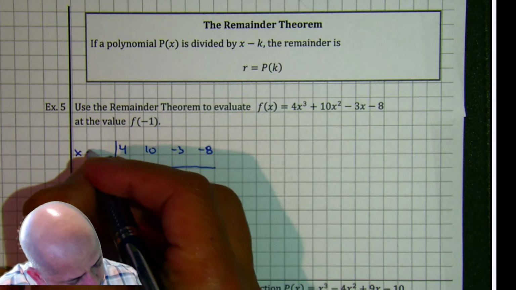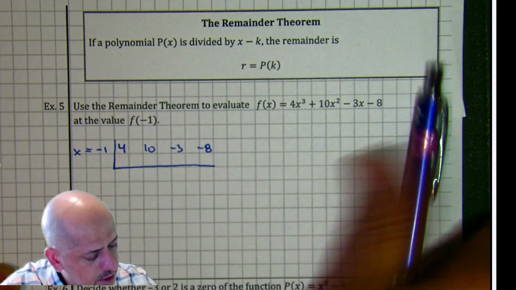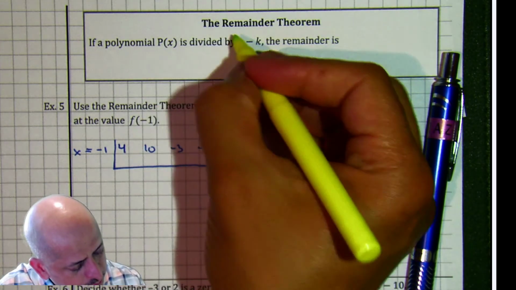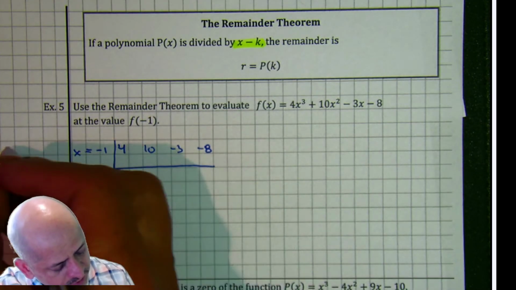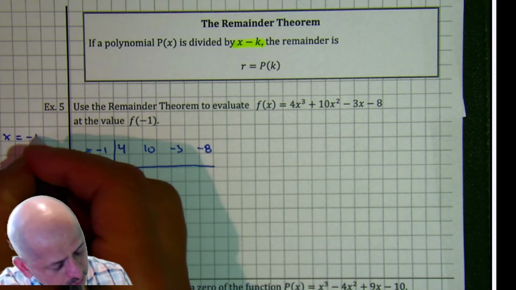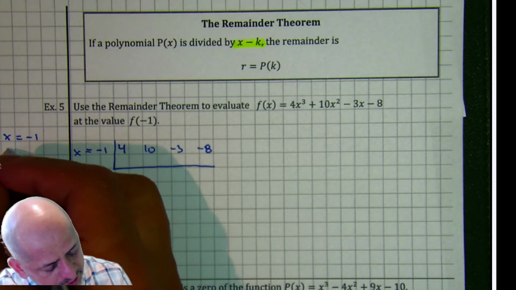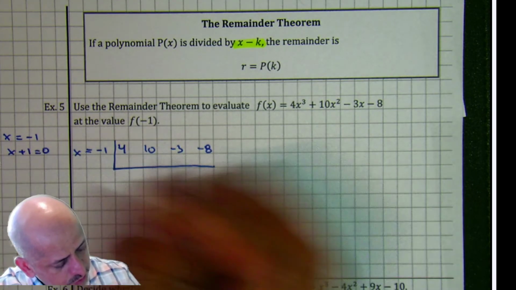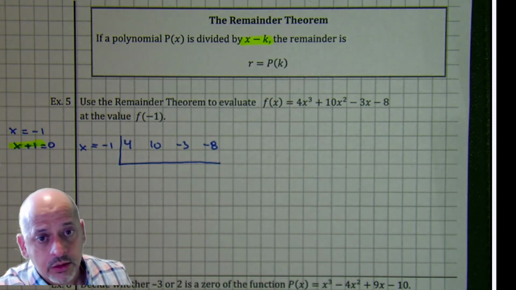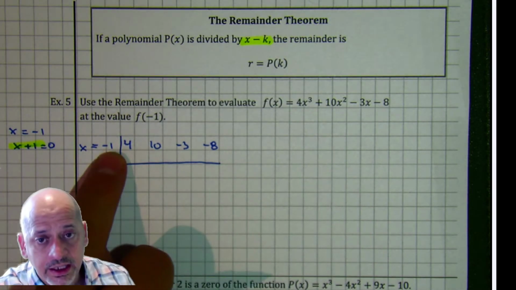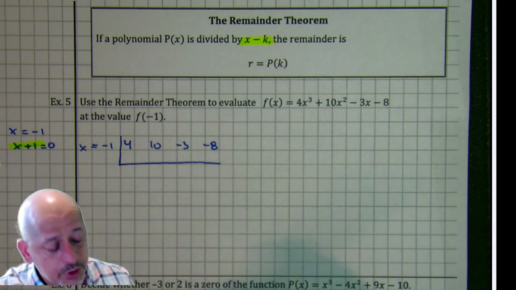Now, remember that in this case, they're talking about a factor, but we can go back and move the 1 to the left, so x equals -1 becomes x plus 1 equal to 0. So therefore, this will be the factor. Correct? So therefore, we're going to plug in a -1, and then we'll start the process.